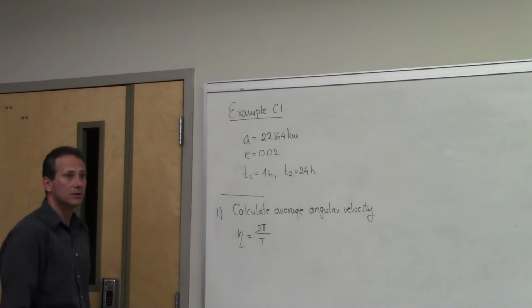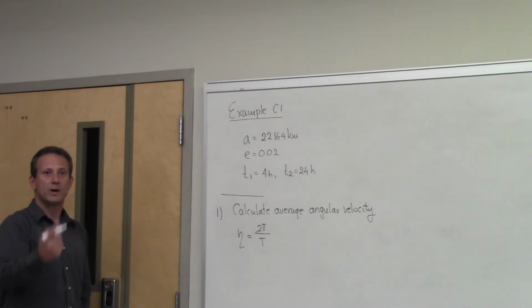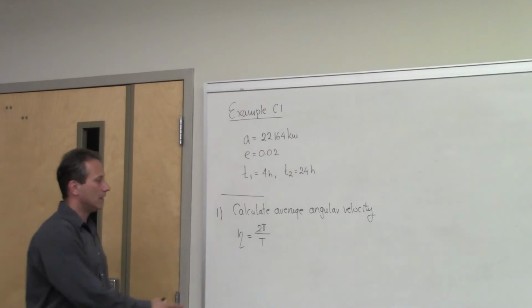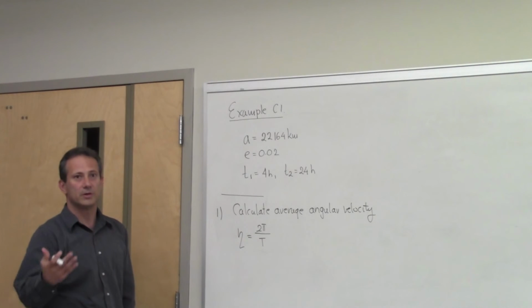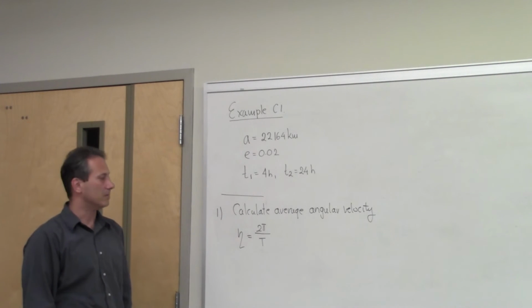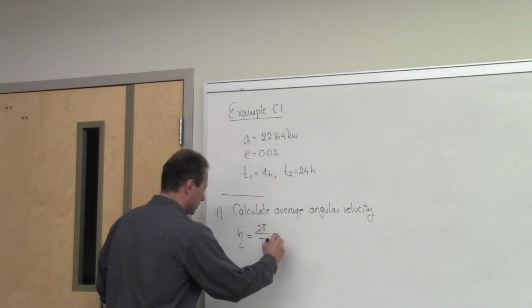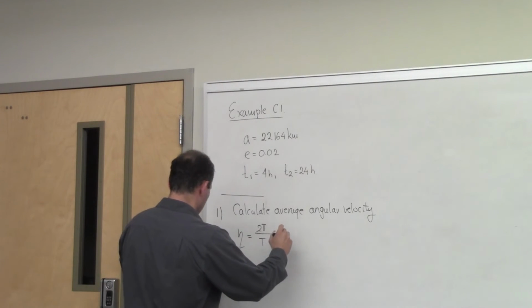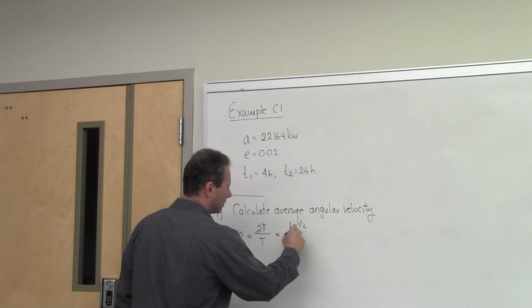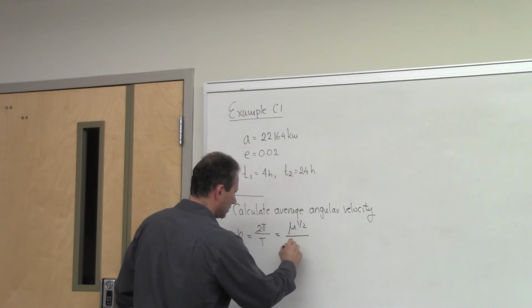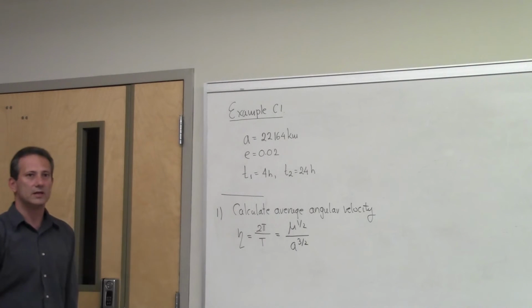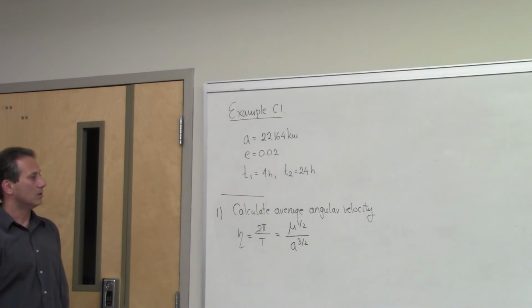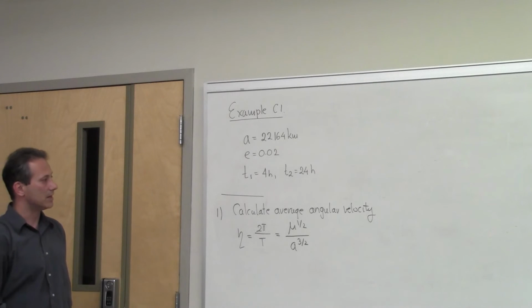Because over one period you traverse 2 pi angle. But because the square of the period is related to the cube of the semi-major axis, we can express this as mu to the 1/2 divided by a to the 3/2, where mu is the Kepler's constant and a is the semi-major axis of the ellipse associated with the satellite.